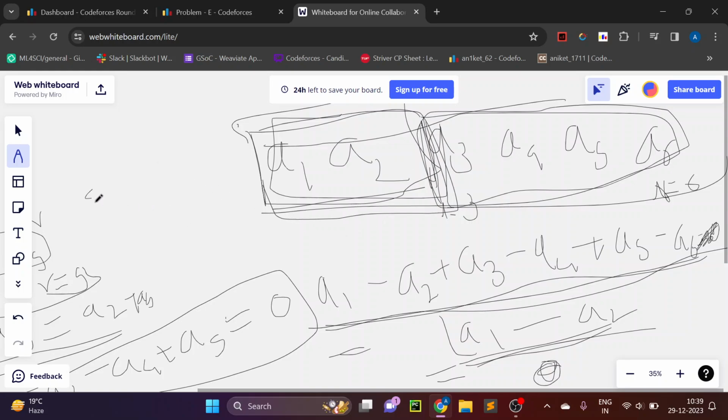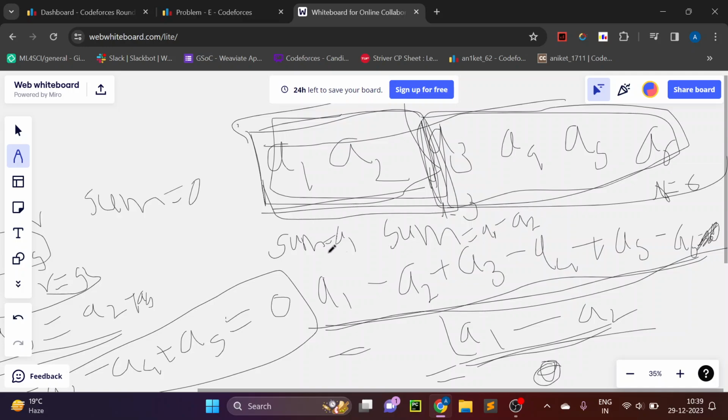So I initialize sum at 0 initially, and whenever I am at index 1, sum will become A1, and whenever I am at index 2, sum will become A1 minus A2.